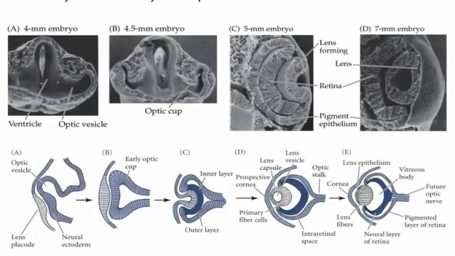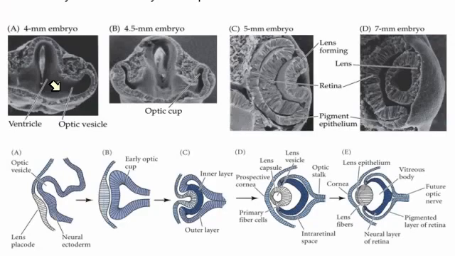In order to understand aniridia, it's necessary to go back and begin to understand the steps in eye development. So working from left to right, early in development, in this case, the panel labeled 4mm embryo.